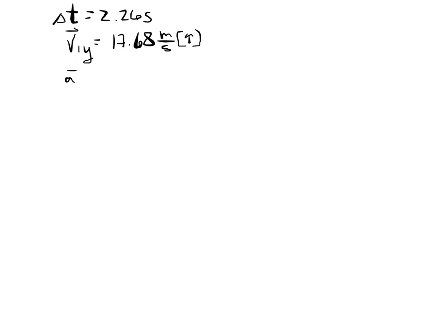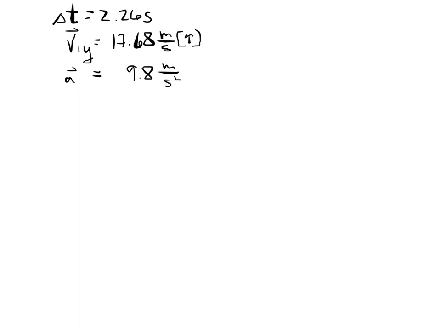All right, the second part says if it takes 2.26 seconds to get to the wall, how high is the ball by the time it gets there, given that it had a velocity vertically of 17.68 meters per second up, and given that it is accelerating at 9.8 meters per second squared down.